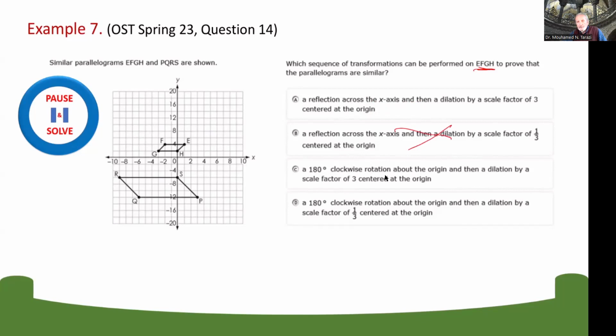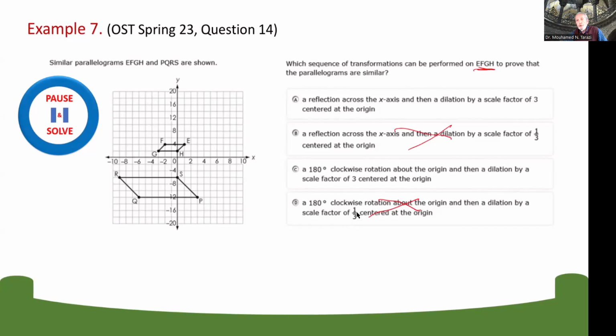A 180 degrees clockwise rotation about the origin and then a dilation by a scale factor of 3, that's a possibility. This last one, a 180 degrees clockwise rotation about the origin and then a dilation by a scale factor of 1/3, that is impossible. So this one is not an option either.